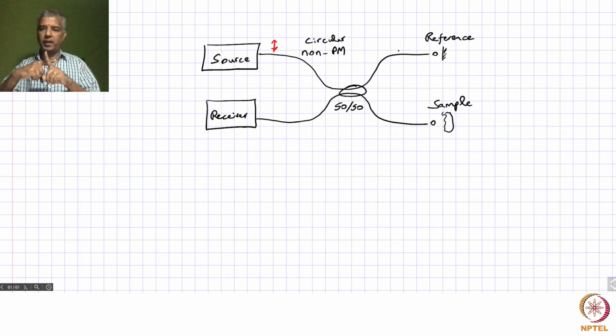Well, you have typically what is called a polarization controller. The polarization controller would consist of essentially fibers that are wound around in a coil, such that the fiber, along one axis over which it's wound, is actually having some stress.